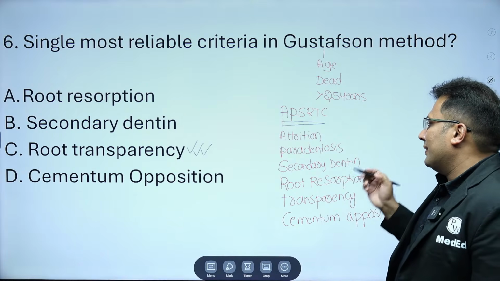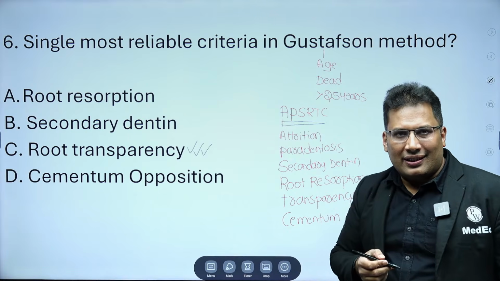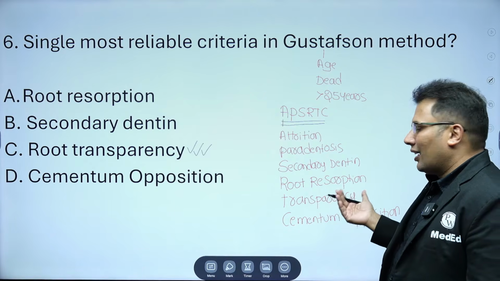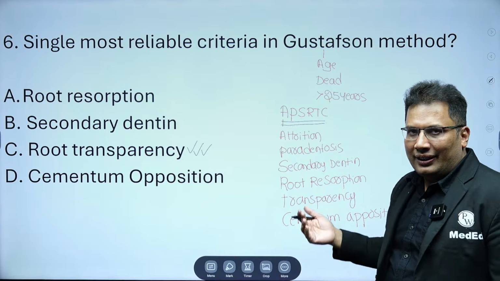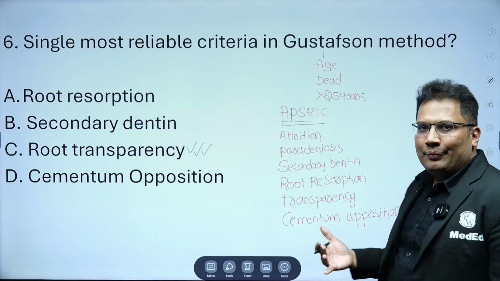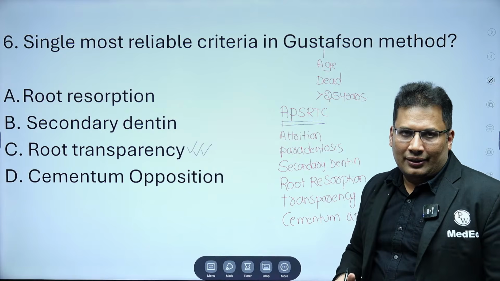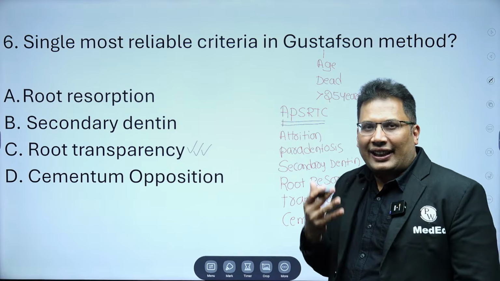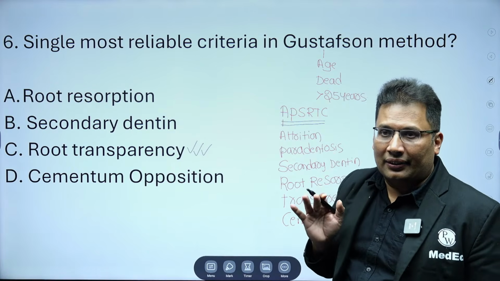Root resorption is because of the osteoclasts, the size of the root decreases. Transparency and translucency both are the same. It increases as age advances. Cementum apposition is basically incremental lines. Best criteria is transparency. Second best criteria is secondary dentin, not primary dentin.